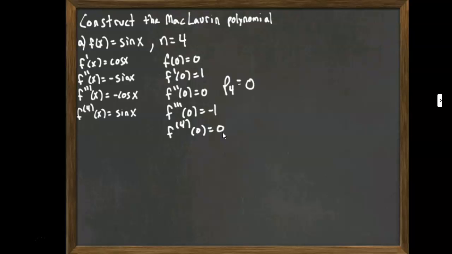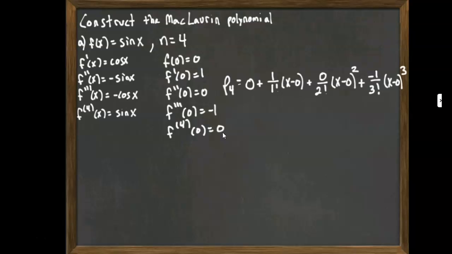So P4 would be the first term, 0, plus 1 divided by 1 factorial times x minus 0 to the first power. Plus the next term, the squared term, would be 0 divided by 2 factorial using our formula, x minus 0 squared, and then plus negative 1 divided by 3 factorial, x minus 0 to the third.